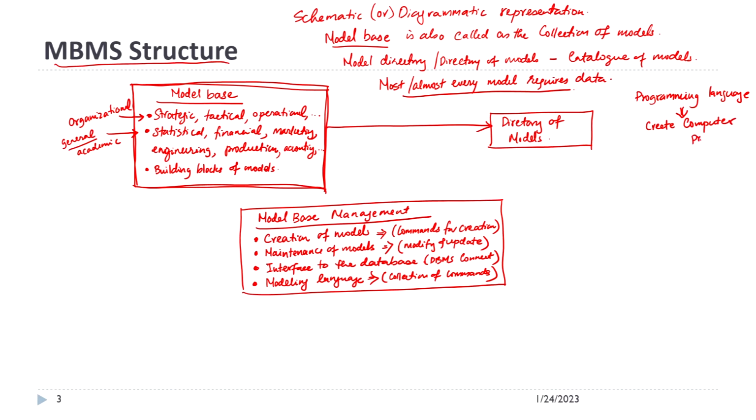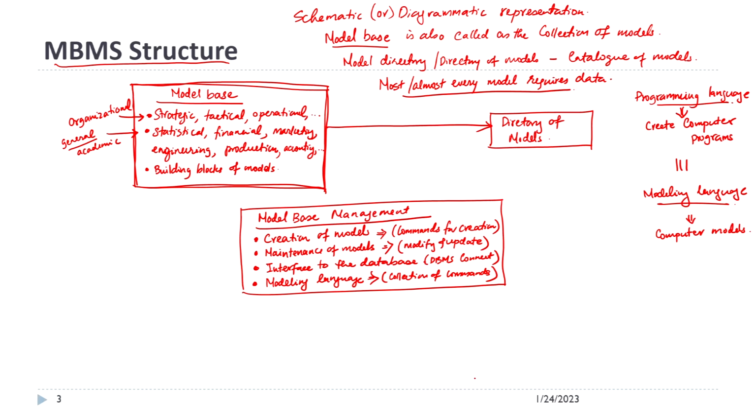Similarly, a modeling language creates computer models. A programming language contains specific commands to write a computer program. A modeling language contains specific commands to create a computer model.